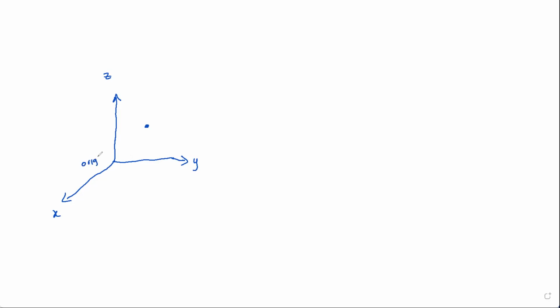This is the origin of the coordinate system. First we need to consider the radial distance from the origin to that point A, right? That is one measurement that we will take. The magnitude is given by R and the direction is given by R hat.